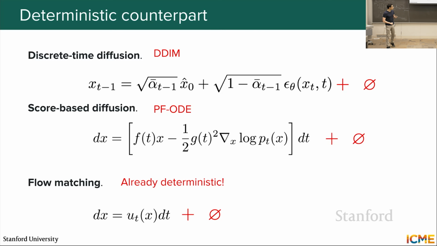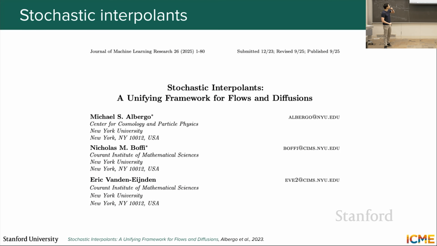And I'm just showing you some relationships between all these methods, but actually there is a whole theory linking these concepts in a very nice way. And this is why I recommend, if you're interested, so it's out of scope for this class, to take a look at the paper called Stochastic Interpolants that writes down equations that links all of these together.